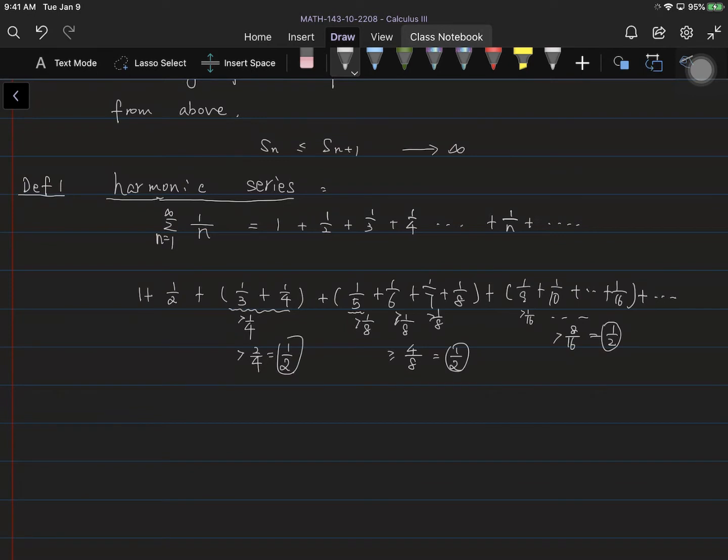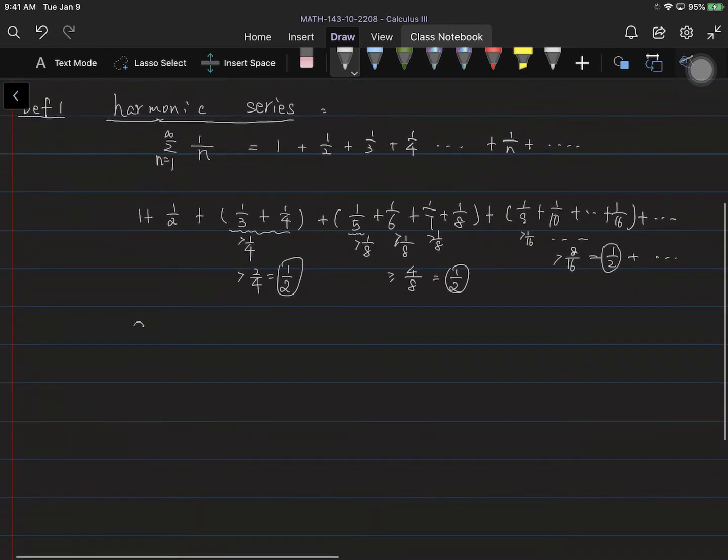By doing it this way, we can write our partial sum as 1 plus 1/2 plus something greater than 1/2 plus 1/2 and so on.